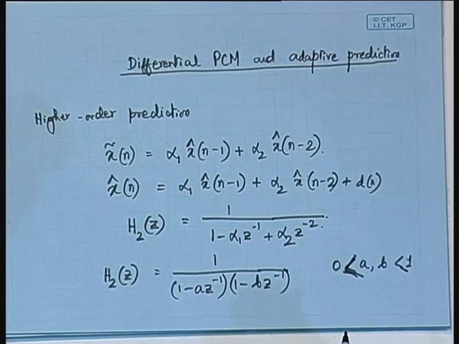But many a time, in many of the systems, you will find that despite the fact that second order prediction will give you an increased gain, people prefer first order prediction, because first order prediction uses a very simple circuit, only one unit delay is enough, whereas in order to have a second order prediction or higher order prediction, the circuit becomes more complex because one has to account for several past samples.